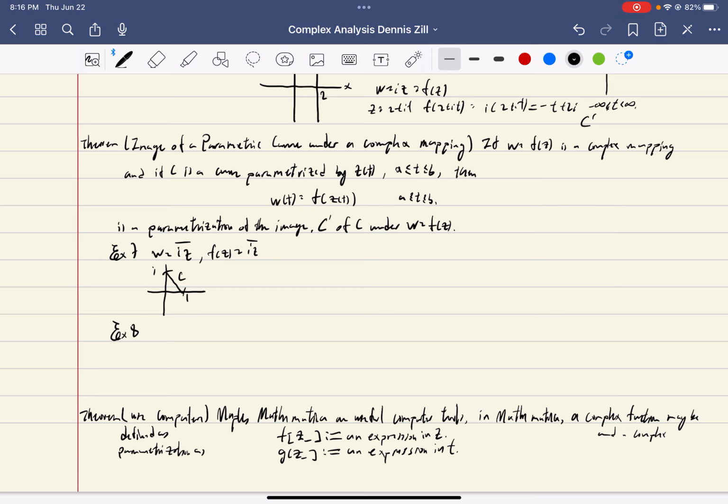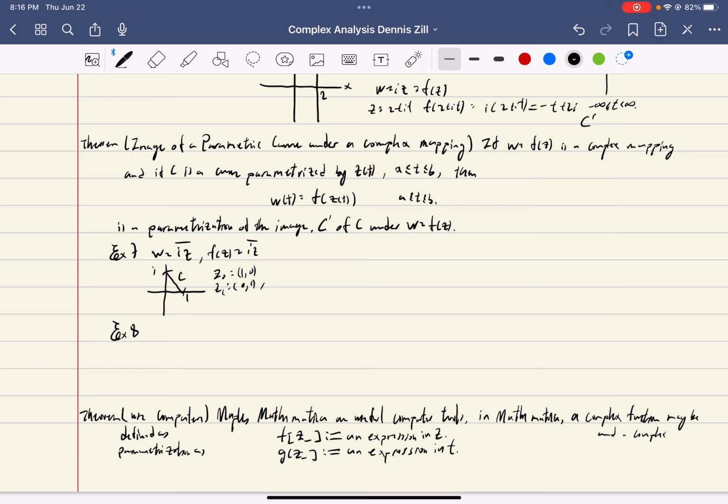Well, how about we pick 1 to 0, so we know that z naught is equal to 1, 0, and we know that z1 is equal to 0, 1.